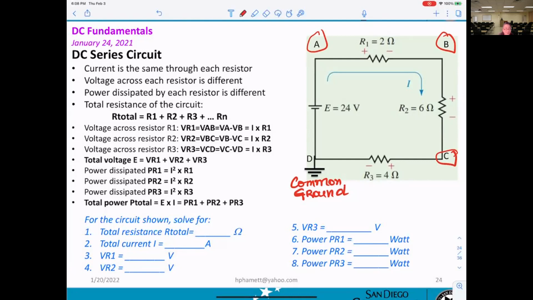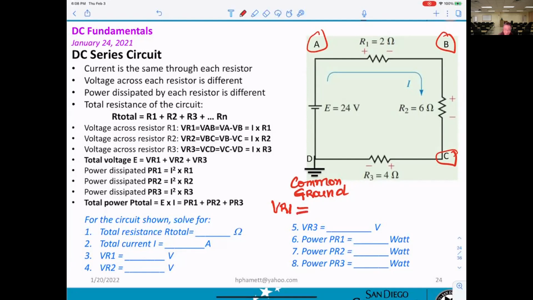So first thing, nothing to talk about for the current I. There's only one current flowing. However, I want to emphasize here the voltage across R1. Normally you can say VR1.